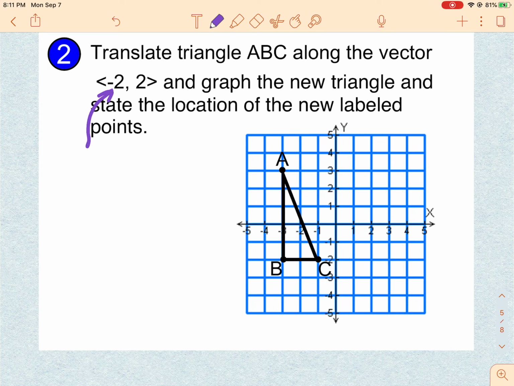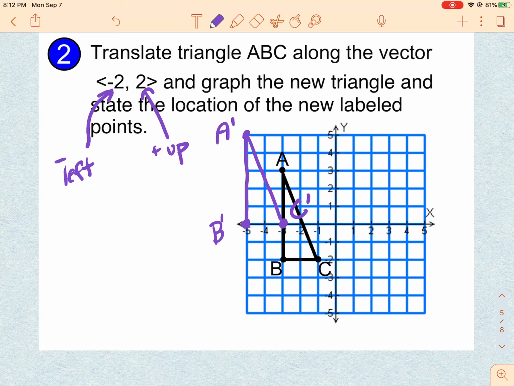So remember, this first one tells us if it goes left or right. Because it's a negative, it means you went left 2. Our y, or our b value, is the up and down. Since it's a positive, it meant up. So each of these points moved 2 to the left and 2 up. So our B prime is here, our A prime is there, and our C prime is right there.